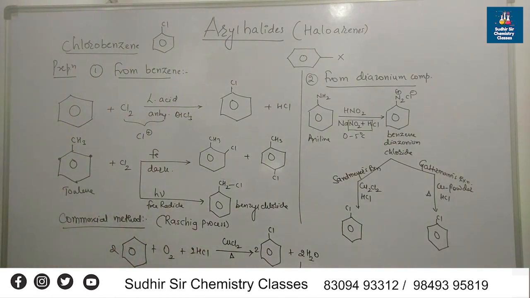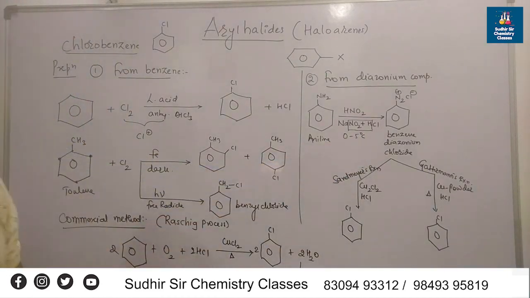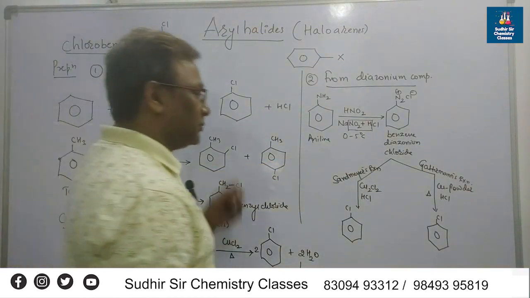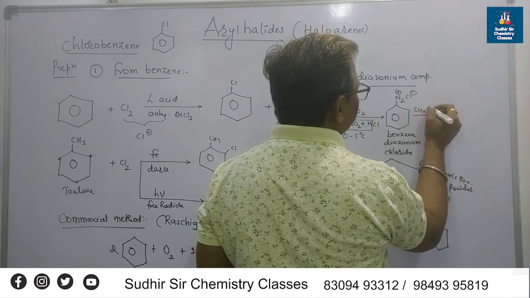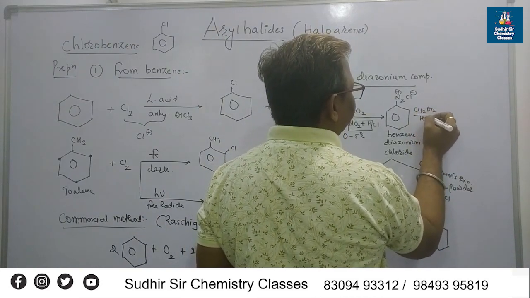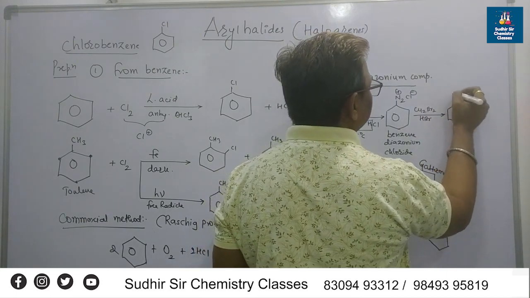Now, sir, how to prepare bromobenzene, how to prepare iodobenzene? I'll tell you, beta. If it reaches up to the diazonium salt, suppose we use Cu2Br2 in presence of HBr, we are able to prepare bromobenzene.